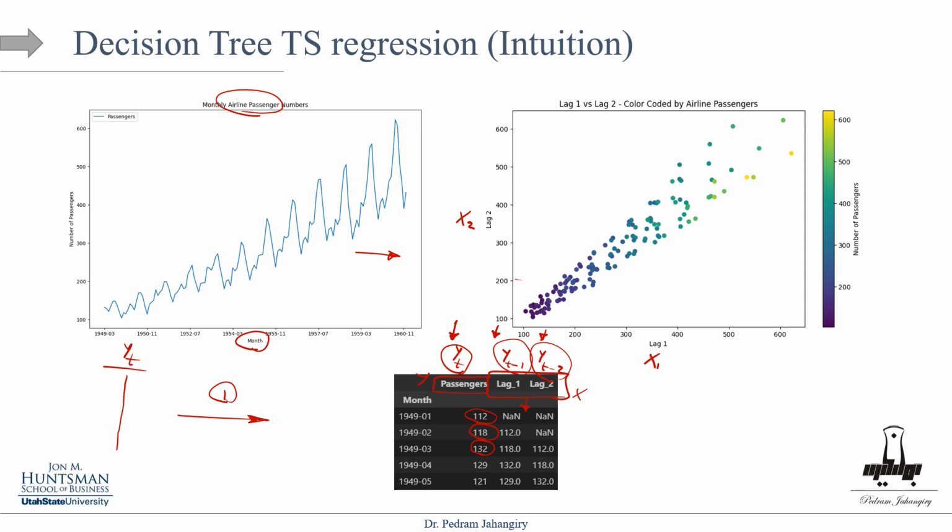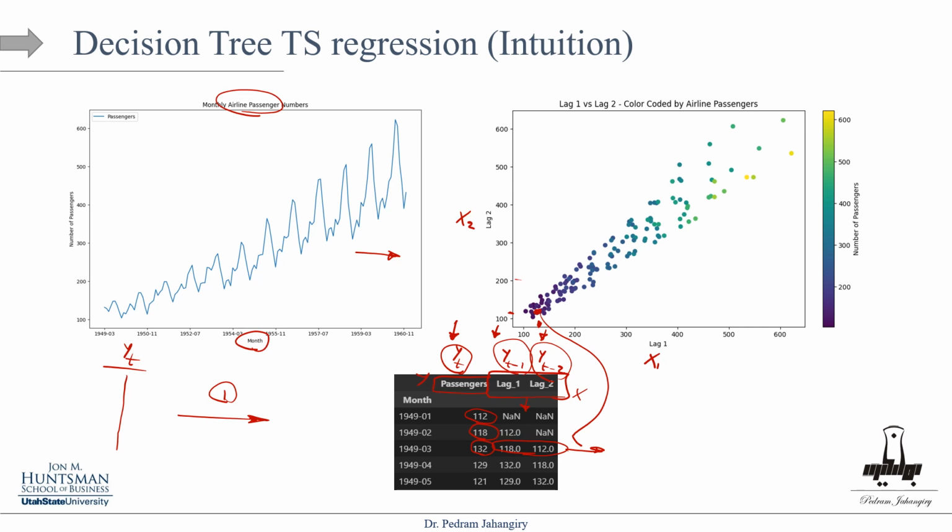So basically, for example, we can have this observation. So what is this observation? So we have 118, I don't know, let's find 118 somewhere, so maybe here, and then the 112, so this is 112. So this is this observation, right? And you get the idea. We're going to plot it for all the 144 observations in the data set.